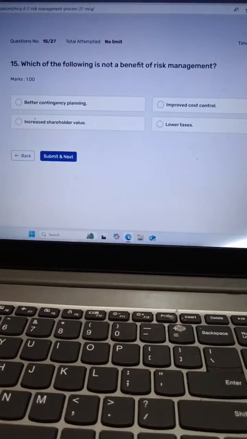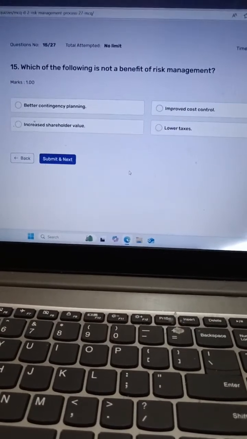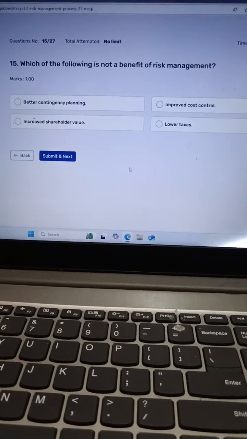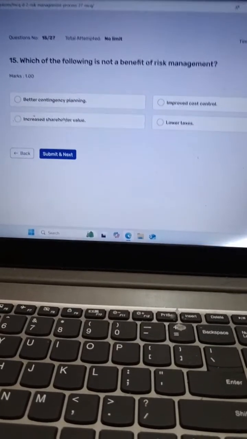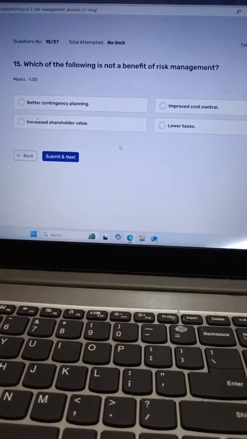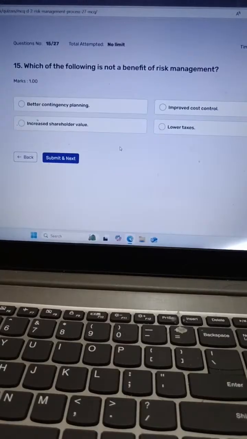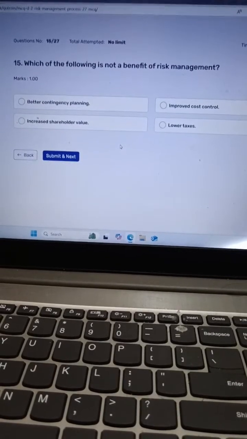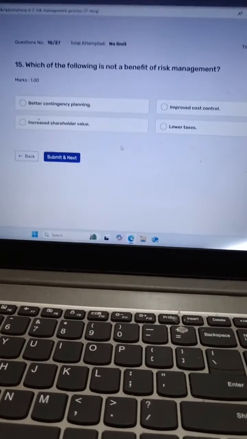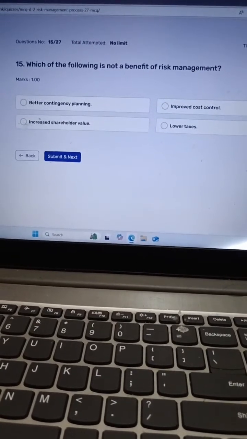Simple. Okay. Which of the following is not a benefit of risk management? Better contingency planning, improved cost control, lower tax, and increased shareholder value.